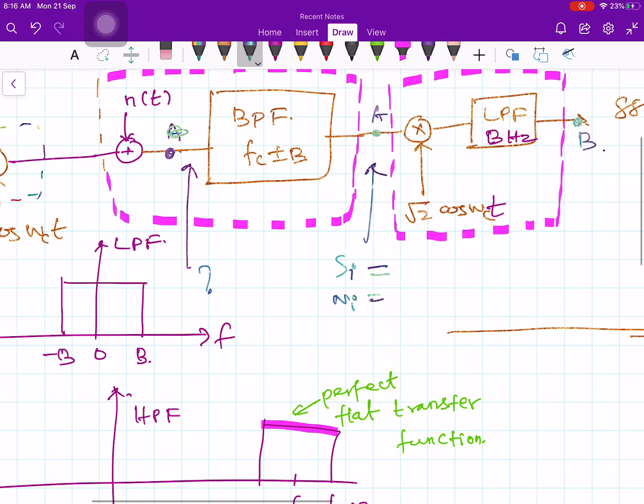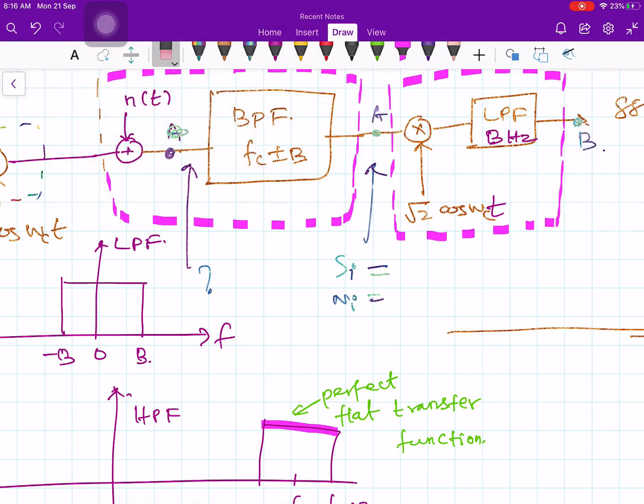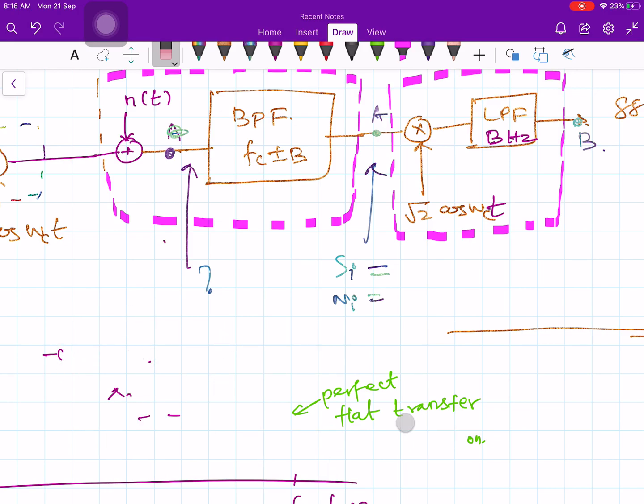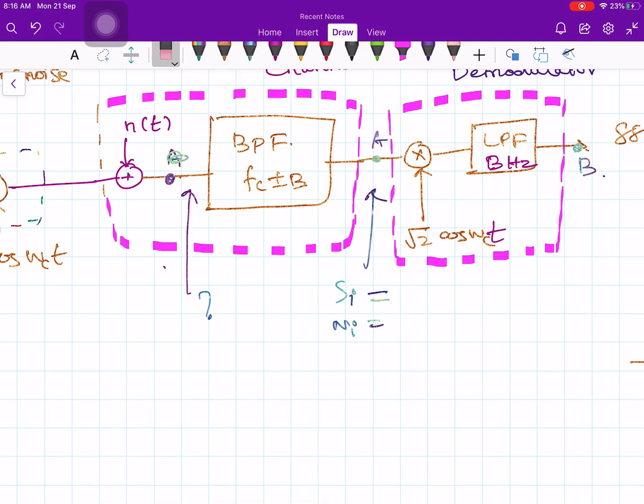Now look at here. In case you find out the noise power, what is the noise power here?